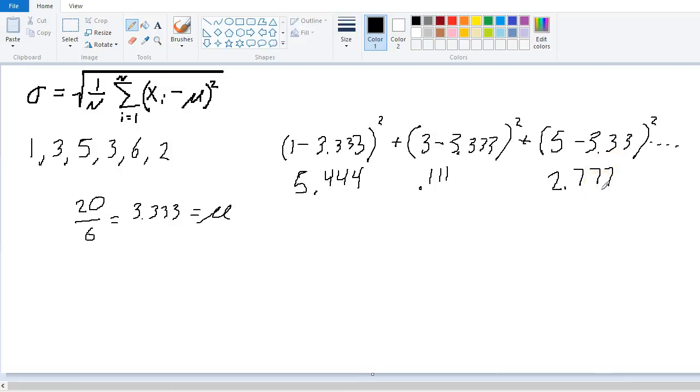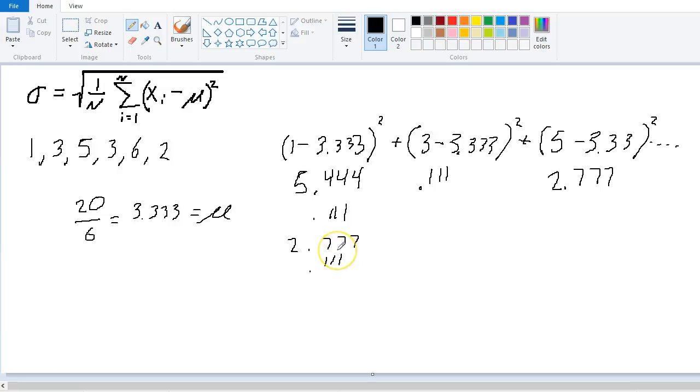And we'll want to continue to do it for each of these. So that means there's 3 more. So we're going to have 5.44 plus 0.111 plus 2.777 plus 0.111, because the next number over here is 3, so we'll have another 0.111.